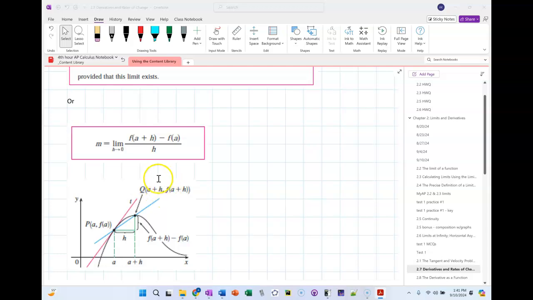So it's the point a plus h, comma, f of a plus h. So if I look at the change in y's, that's f of a plus h minus f of a. And the change in x's would be a plus h minus a, or just h, right? So this is equivalent to the previous one. It's still just slope, where my point Q is just some h units to the right down the curve. Everybody's okay with that idea?